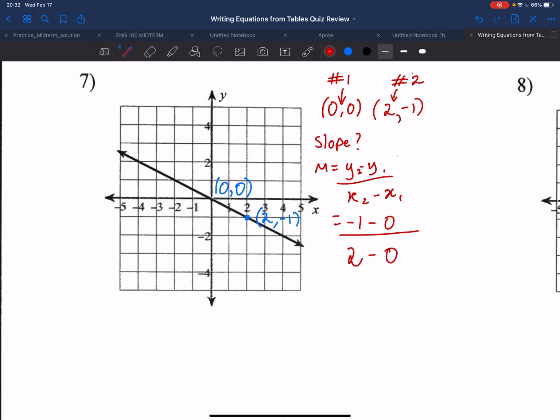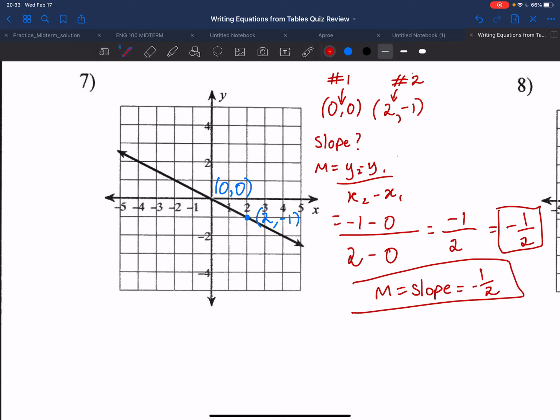That's x1, so that's 0. -1 minus 0 is negative 1, divided by 2 minus 0 is 2. This can't be simplified any further, so I'm getting slope equals negative 1/2. That's 1/2 of the problem. We know the slope.